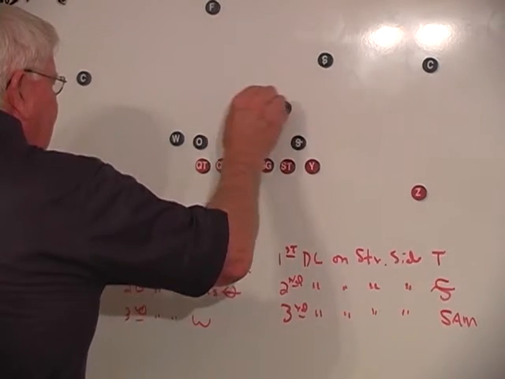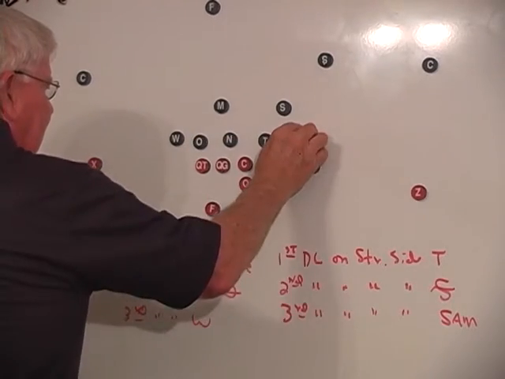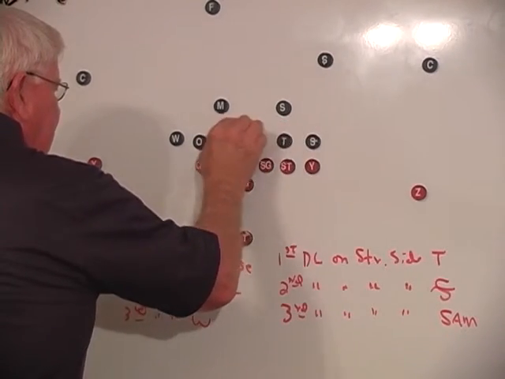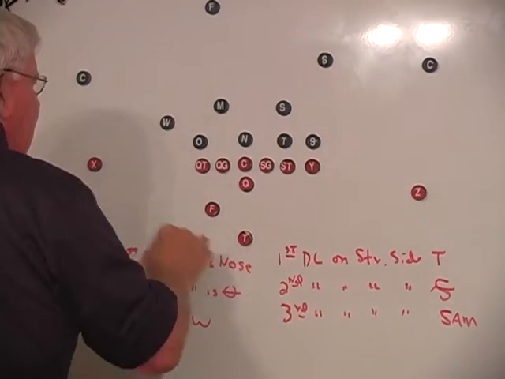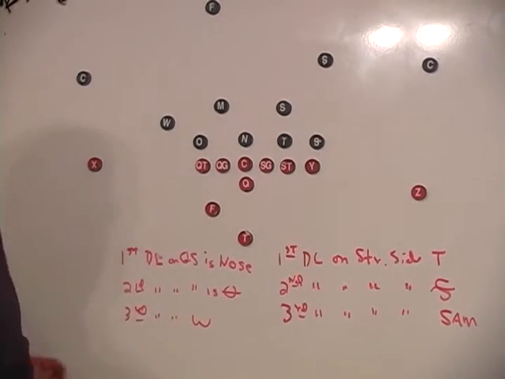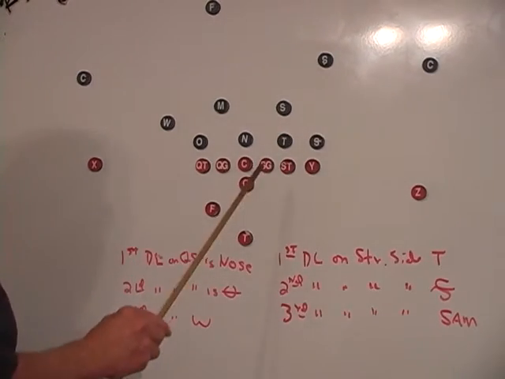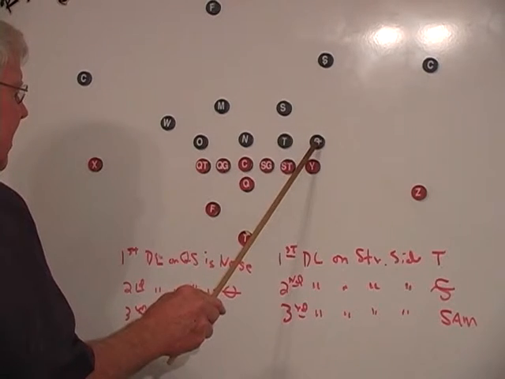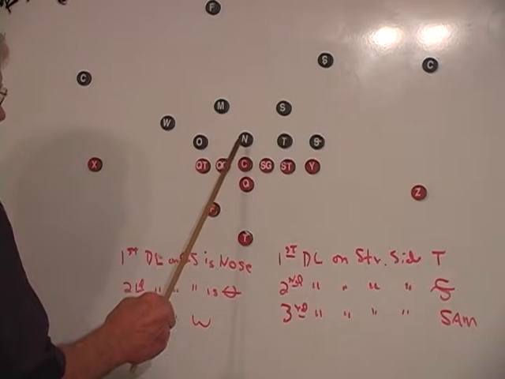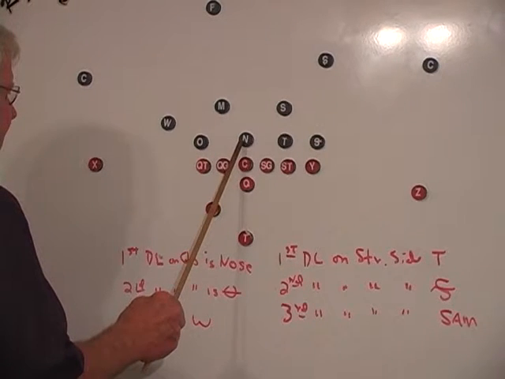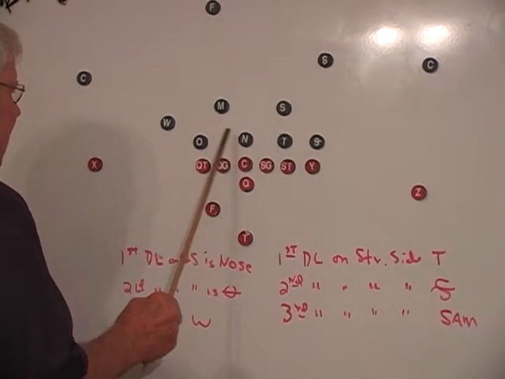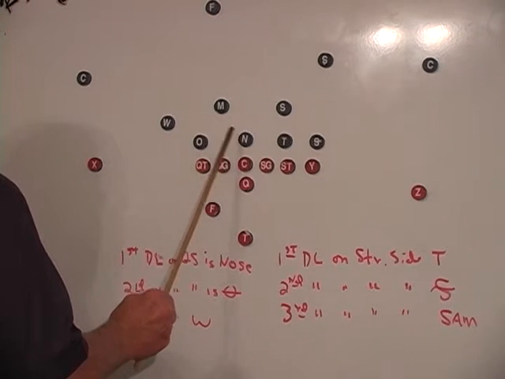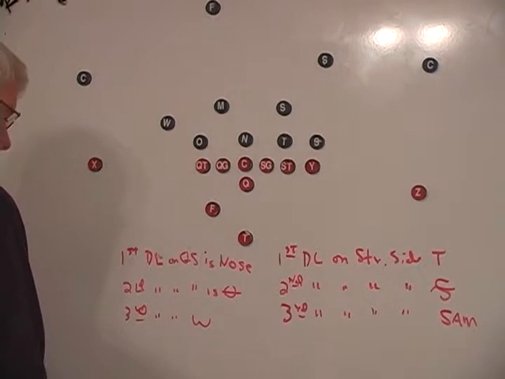Let me move some people around here and go to a 50 look like this. The first defensive lineman on the strong side is the tackle, the second is the stud. And I should have said this, the first defensive lineman head on the center or to the quick side is the nose, and the second one is the opie.